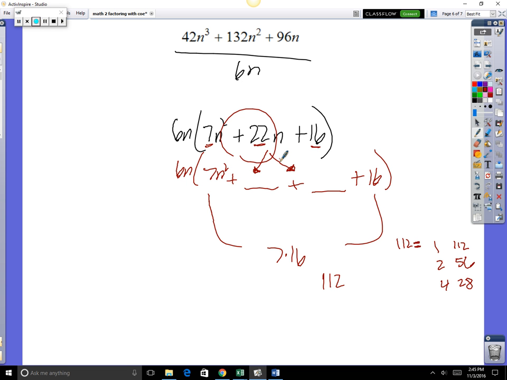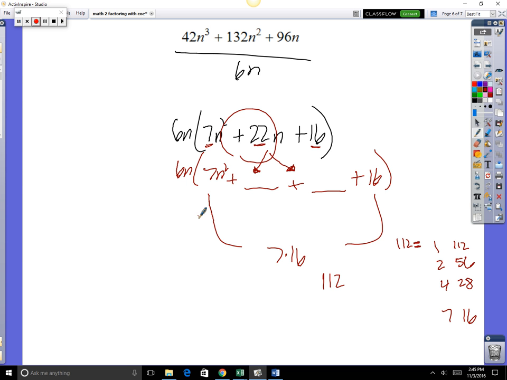112 divided by 6. 6 does not work. 7 works. 7 and 16. Ooh, that's close. 7 and 16 makes it 23.